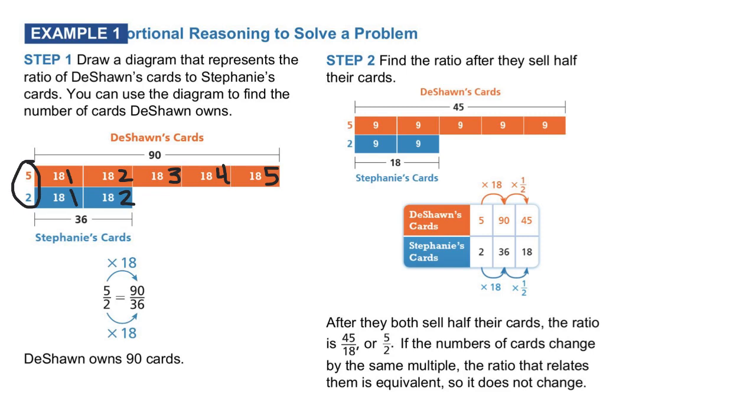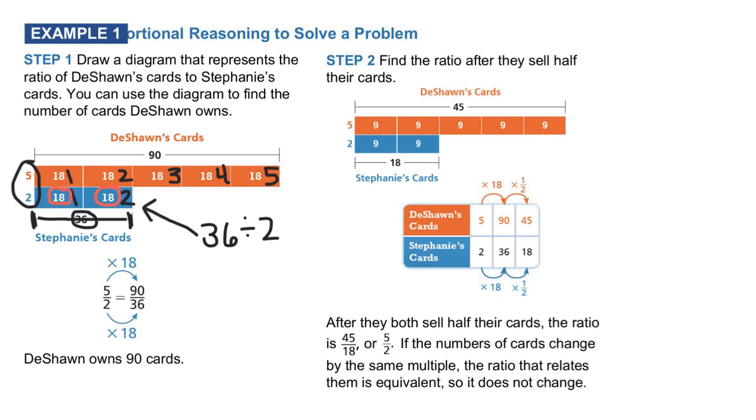The other thing we know is that these 2 parts for Stephanie make 36 cards total. So I should be able to figure out that each part here for Stephanie, her 36 cards divided into those 2 blue boxes, gave me the 18 that you're seeing right here. There's 18 in this blue box and 18 in this blue box.